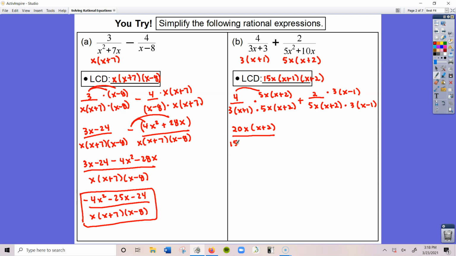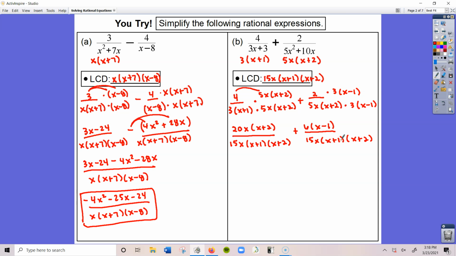So 15x times x plus 1 times x plus 2, plus 2 times 3 is 6 times x minus 1, all over 15x times x plus 1 times x plus 2.